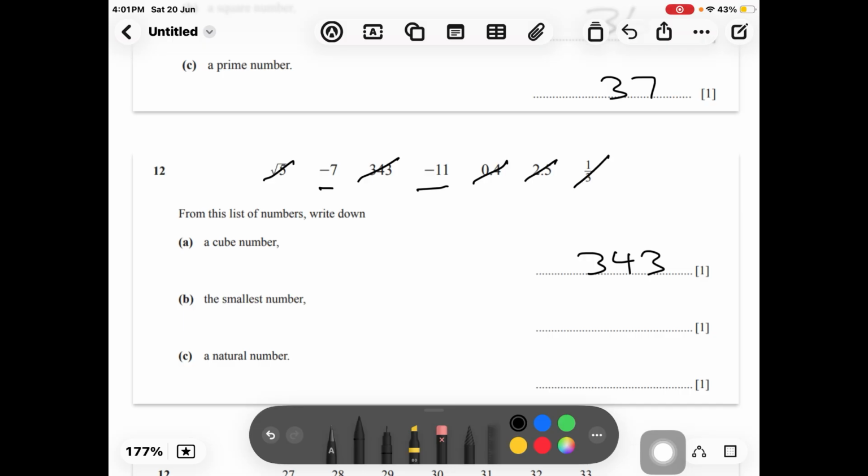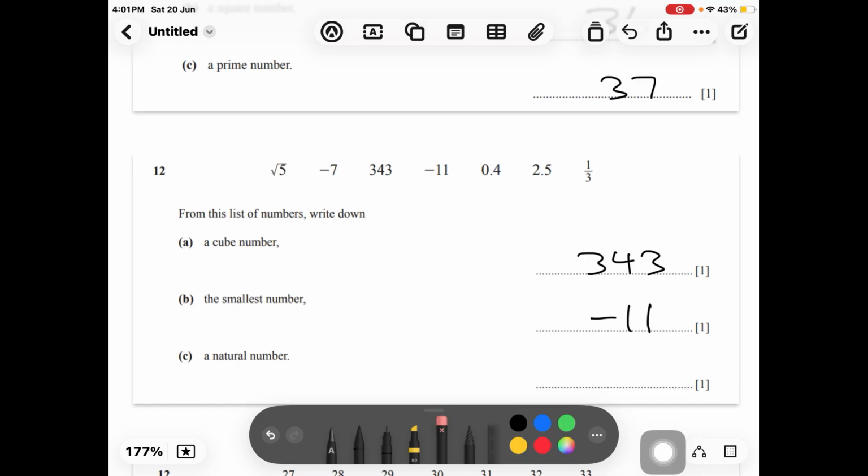Now obviously root 5 could also have a negative answer, but it's going to be like negative 2 point something, I think. So that's also greater than negative 7 and negative 11. So it's not the smallest number. And from negative 7 and negative 11, the smaller number is negative 11. So we write that here, negative 11.